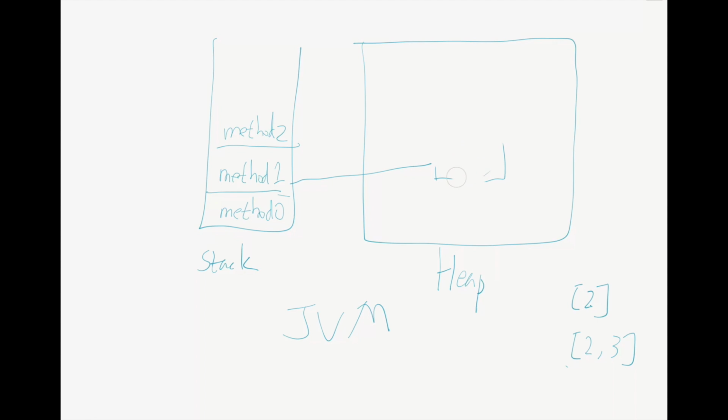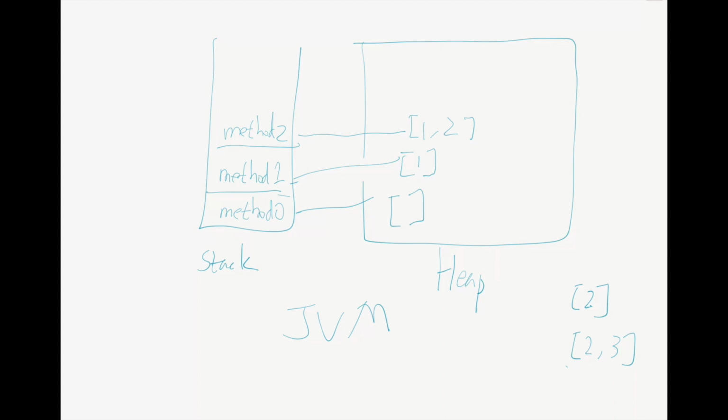So what we really want to do is, in method 0, we create an empty set, and in method 1, we want to get 1, and in method 2, on top of that we want to create another array, 1, 2.